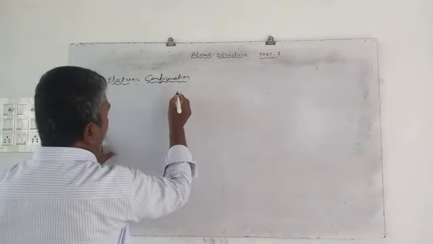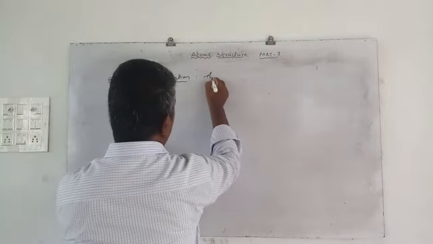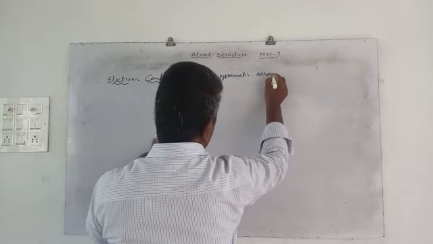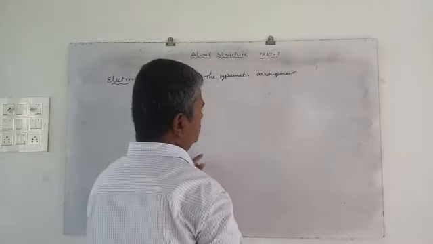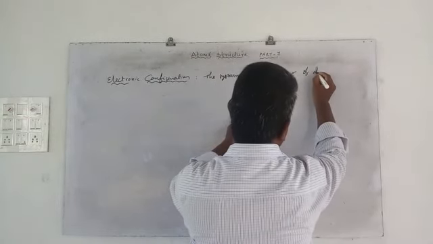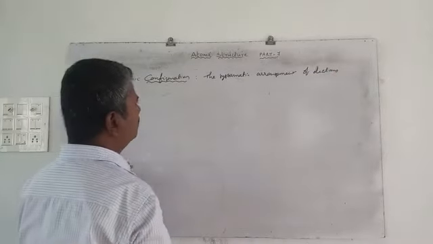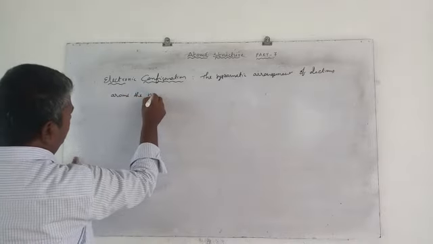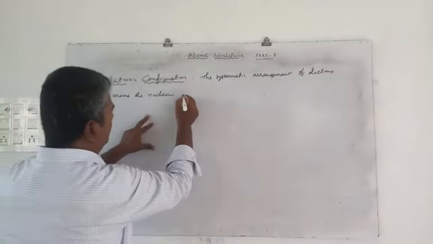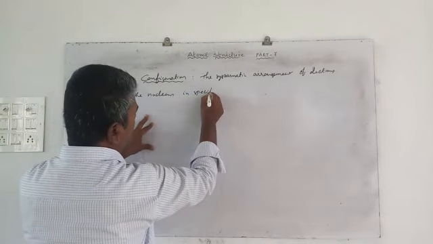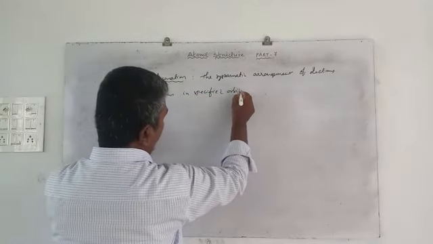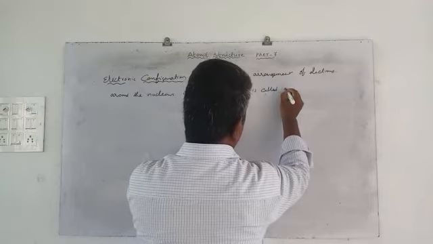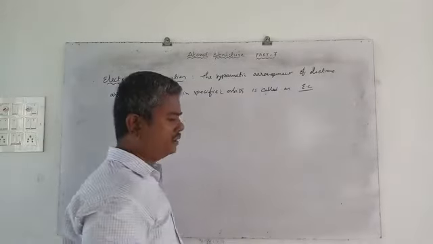The systematic arrangement of the electrons around the nucleus in specified orbits is called electronic configuration.